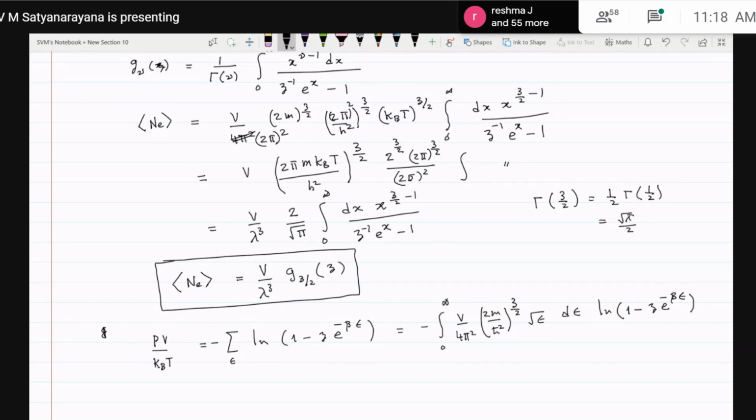Okay, so I want you to do this. Let me just leave this as an exercise. First thing is to do an integration by parts to the above integral.